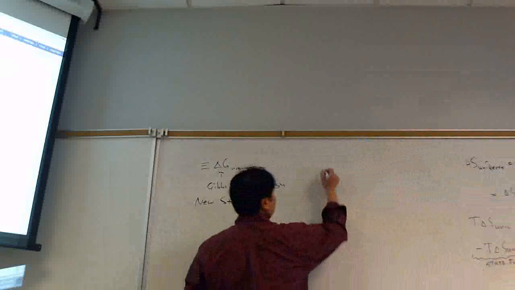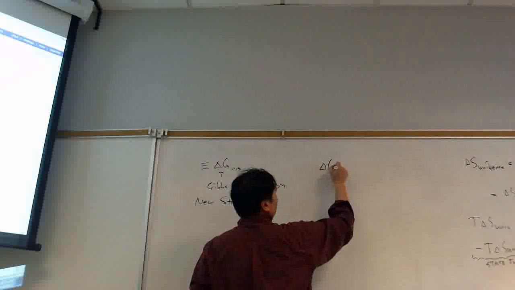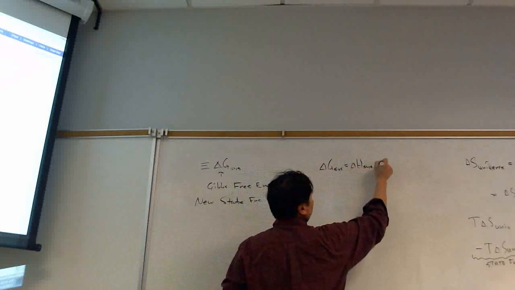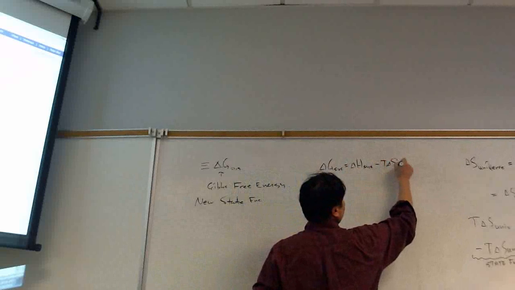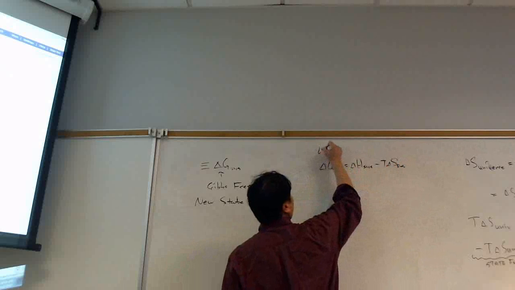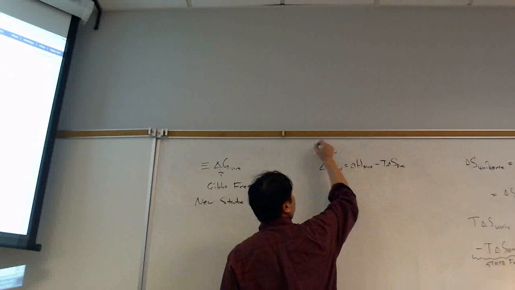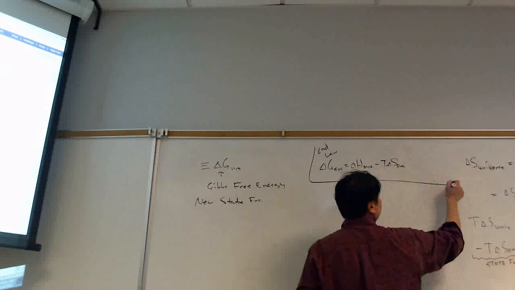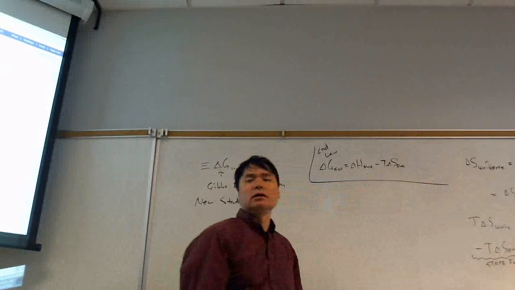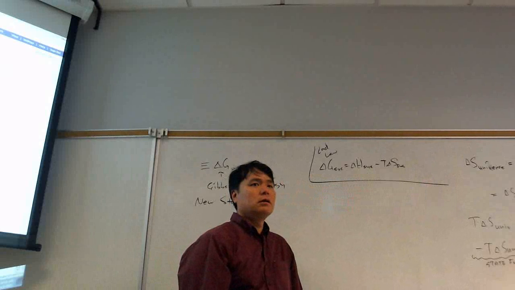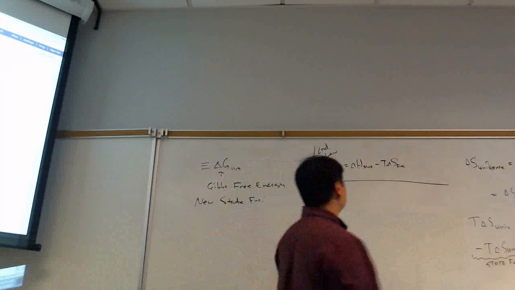And so just to simplify this, delta G of our system is equal to delta H of our system minus T delta S of our system. So this is the second law of thermodynamics, rewritten. And this has restrictions, of course. What are the restrictions here? Constant pressure and P delta V work right now for our delta H.